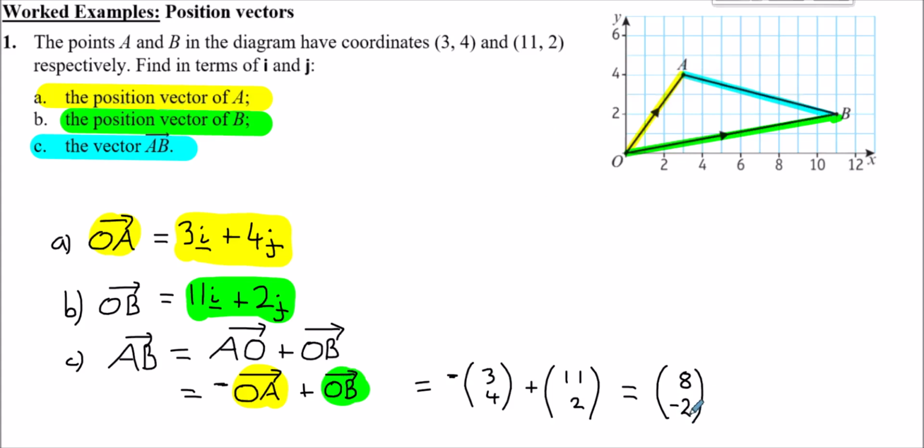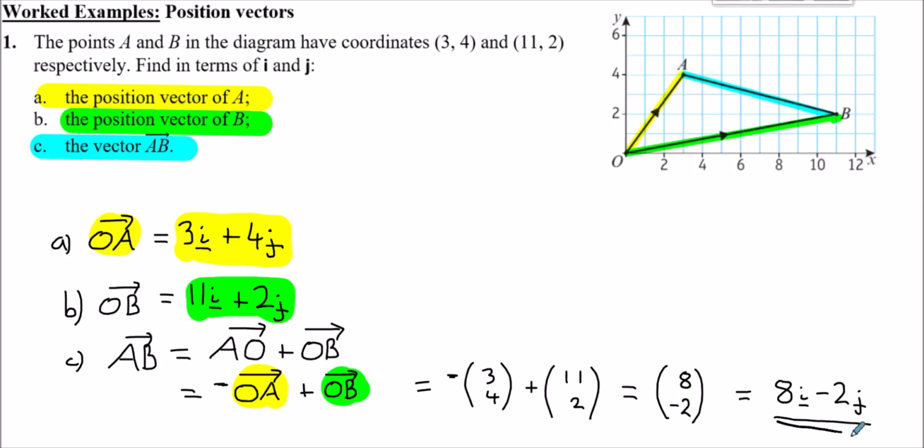Of course, I made a bit of unnecessary work for myself. I need to change it back in terms of i and j form. So that's going to be 8i minus 2j.